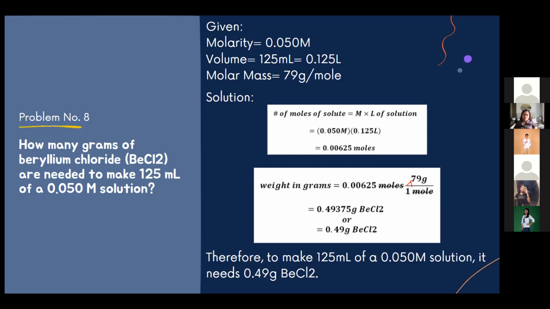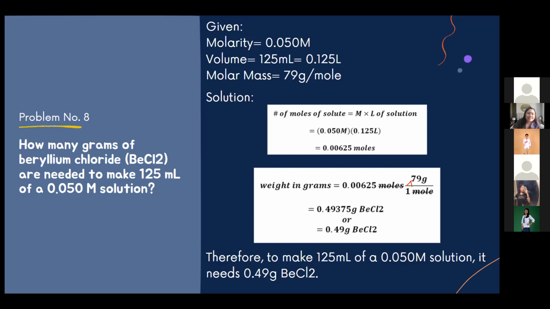So ang kalabasan is 0.49375 grams of beryllium chloride, or 0.49 grams sa 2 decimal places. Okay. Therefore, to make 125 ml of a 0.050 molar solution, it needs 0.49 grams of beryllium chloride.